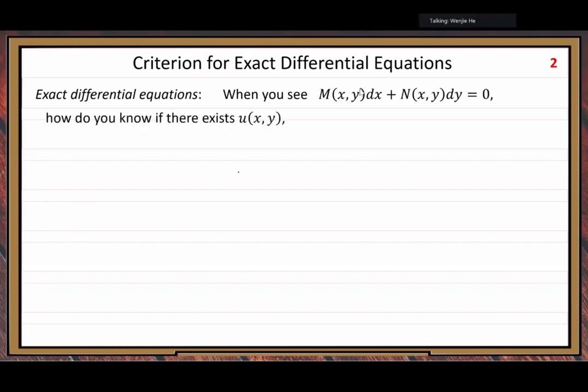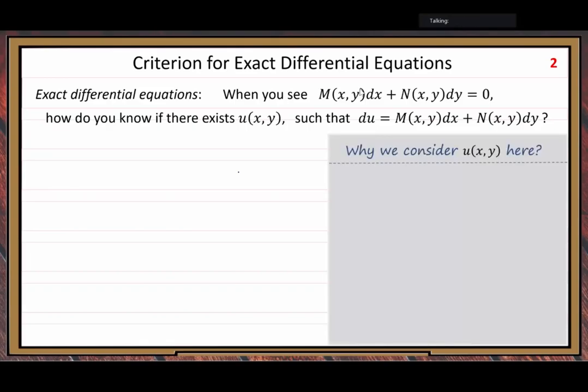How do you know if there exists a u function such that du equals that expression, a total differential? There is some criterion. We want to see what that criterion is.